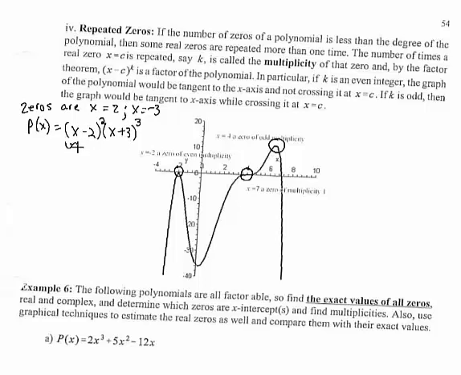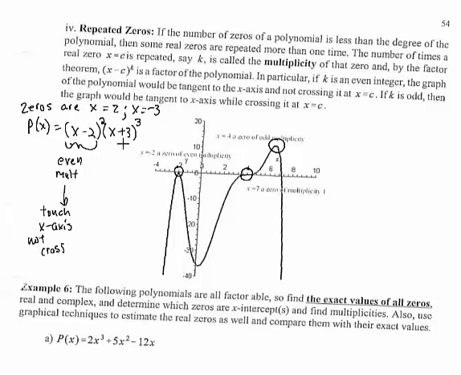This factor would have even multiplicity, meaning that it would simply touch the x-axis but not cross. And it would do that at x equals 2.